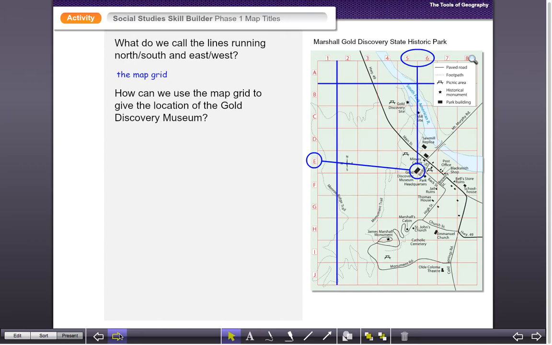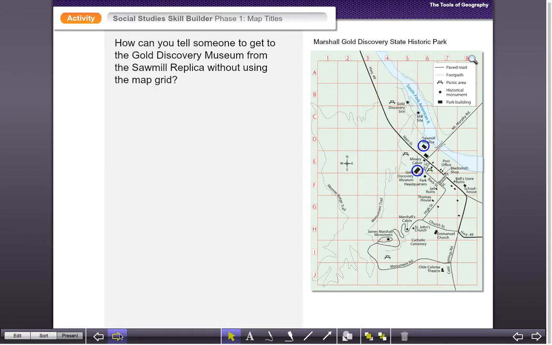If you put those two together, it brings you right to the Gold Discovery Museum. So we use this grid and the boxes on this grid to help us find and describe the location of certain places. The Gold Discovery Museum is located between E5 and E6.